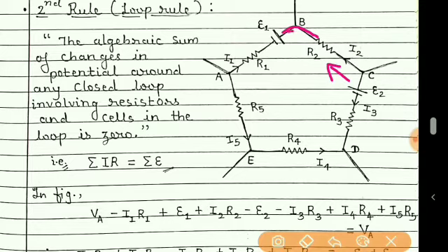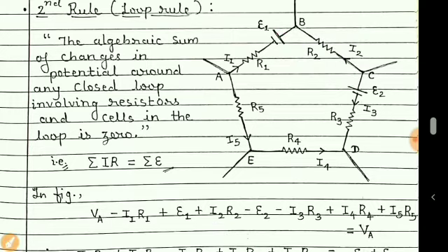Now it is not in the direction of current. Current is in the opposite direction of our motion. We are moving in clockwise direction, but current is opposite to that. So in that case, I2 R2 will be positive. You can see here I2 R2 is positive.